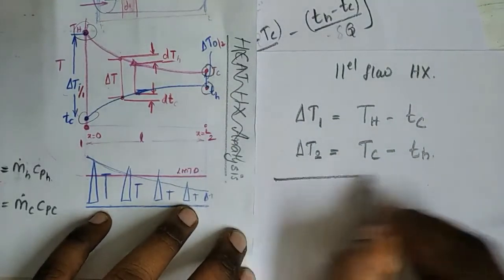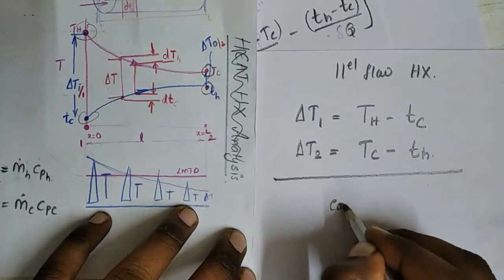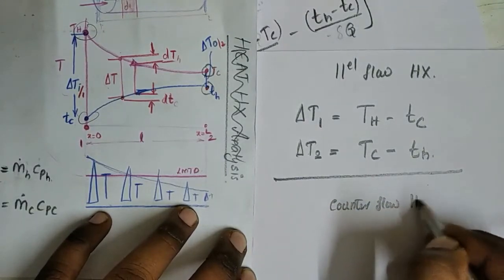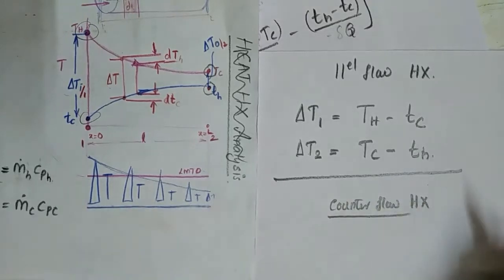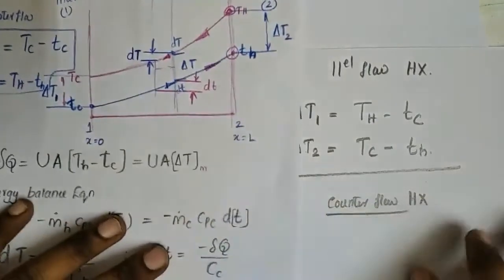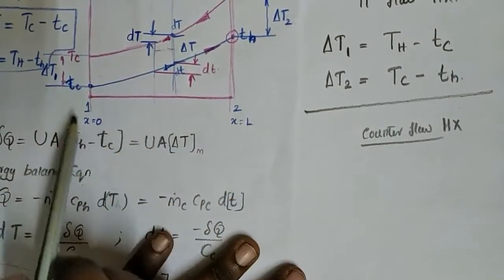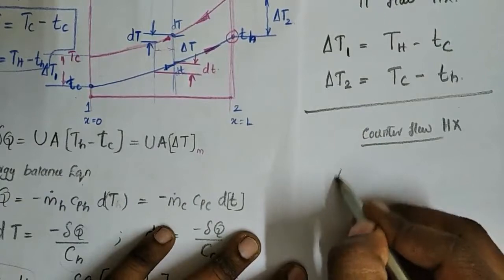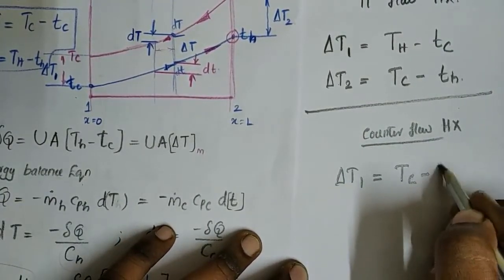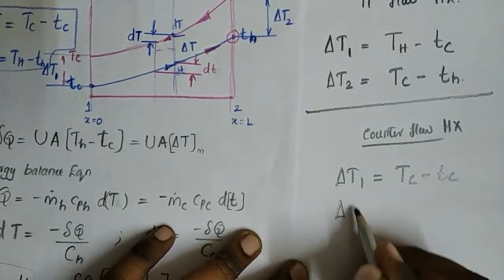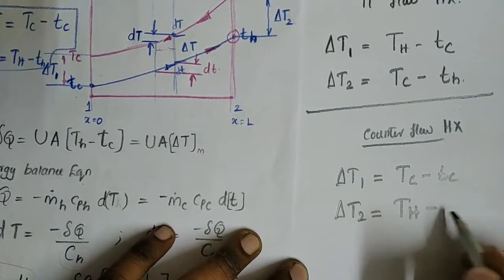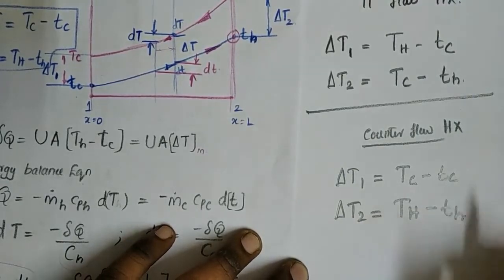But in the case of the counterflow heat exchanger, here delta T1 is equal to capital Tc minus small tc, and delta T2 is equal to capital Th minus small th.